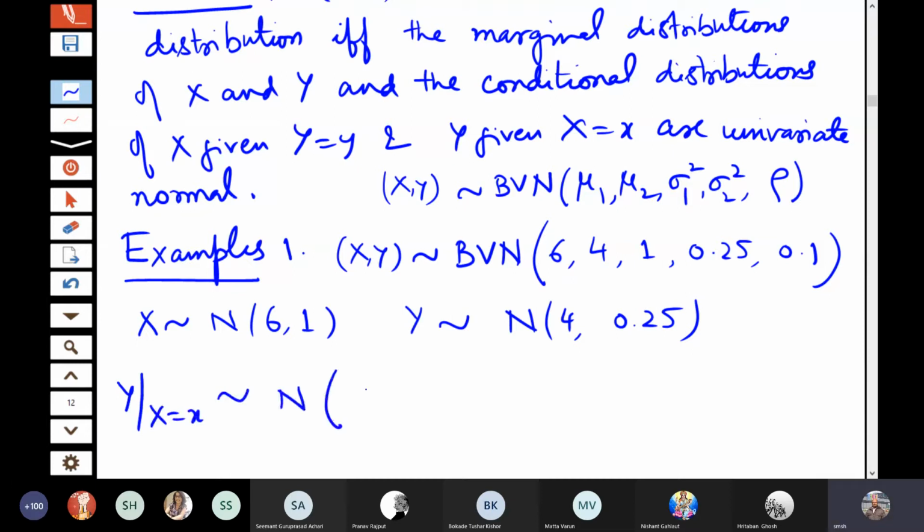That will be normal with mean mu2, so mu2 is 4 plus rho sigma 2, sigma 2 is 0.5, into (x minus mu1) divided by sigma 1, and variance will become sigma 2 square, that is 0.25 into (1 minus rho square).